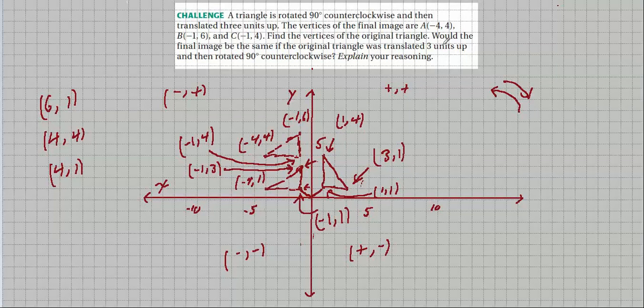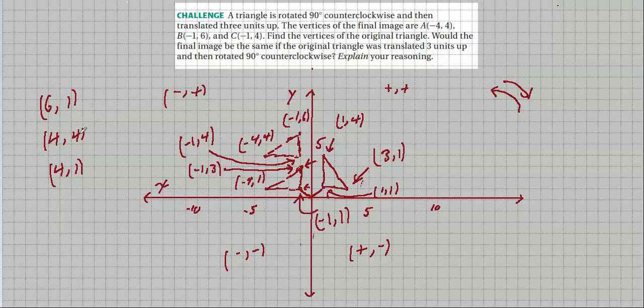To go backwards, we would have to rotate and then go down. So these are our new coordinates after we've rotated 90 degrees. Now we have to drop down. And I think you can see right off the bat, we're not going to end up in the same places.